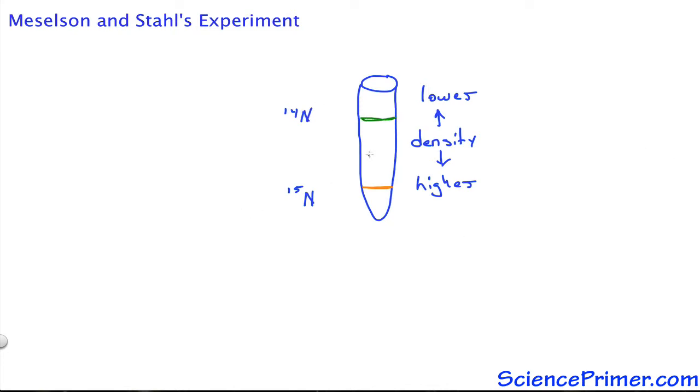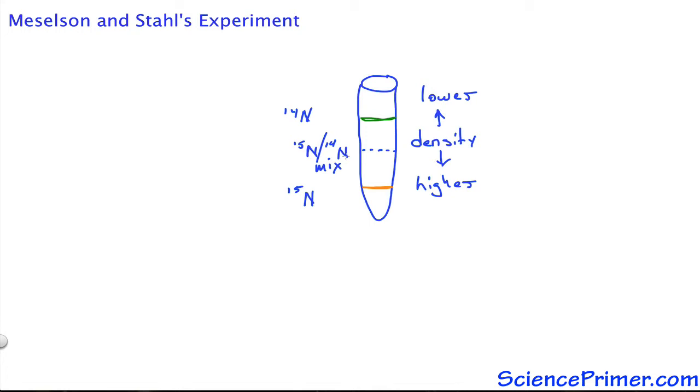DNA with a mixture of N15 and N14 ends up in an intermediate position between the two extremes. By spinning DNA extracted at different times during the experiment, Meselson and Stahl were able to see how the new and old DNA was combined during each round of replication.